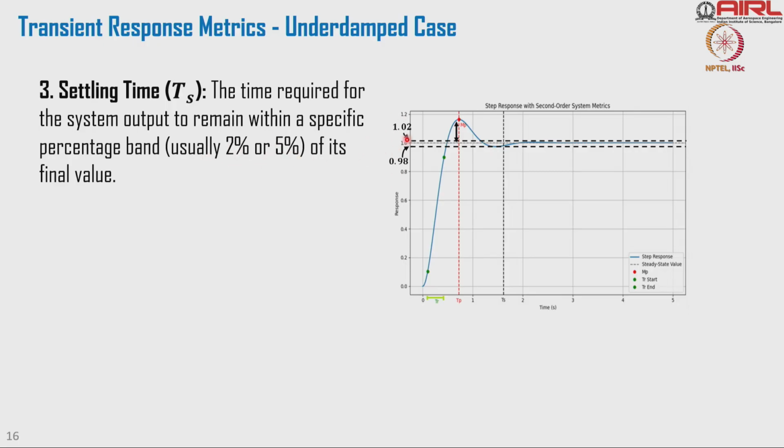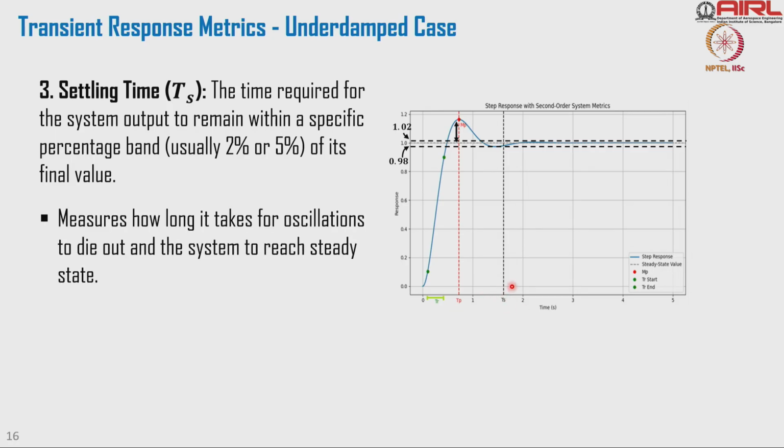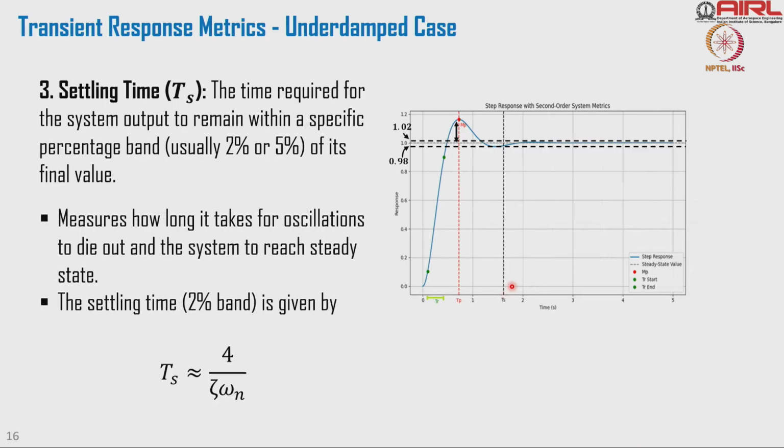For example, if I talk about a 2% band, the response should be within, let us say my reference is 1, 1.02 to 0.98. If I talk about 5%, it is 1.05 to 0.95. How fast it comes and remains within that is my settling time, TS. It talks about how fast the oscillation dies out so that the system reaches the steady state. That is also important for us. For the 2% band, TS is 4 divided by zeta omega n.